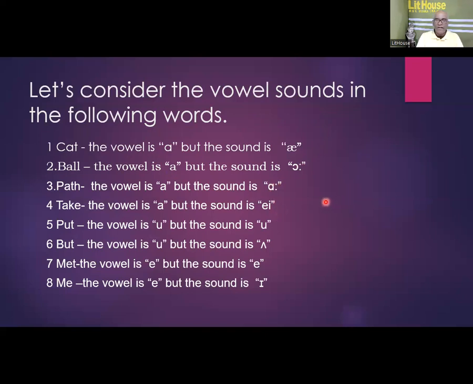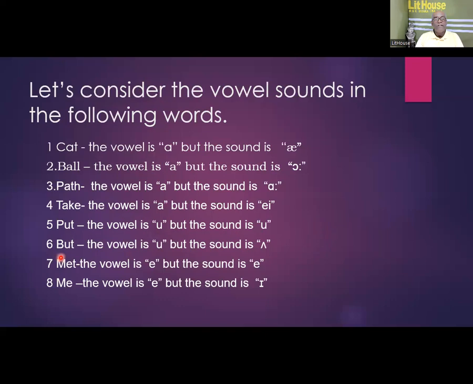Now you understand vowel letters produce different sounds. Now let's go to the fifth one. Put. Now the vowel is U, but the sound you produce is different. The vowel is U, the sound is U. Put.